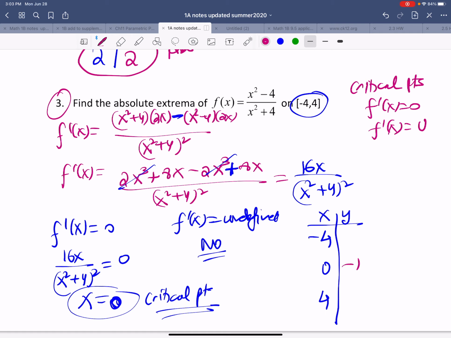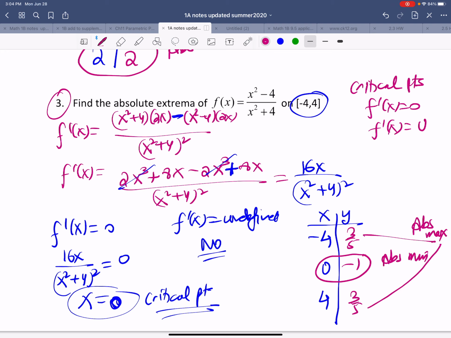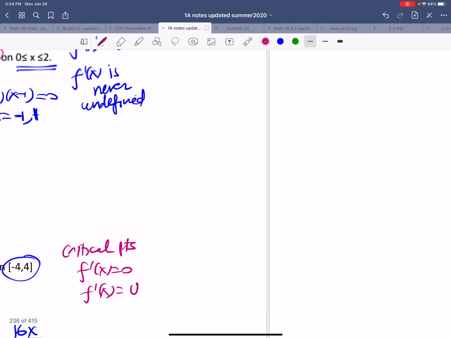When x is +4, 4 squared, 16 minus 4 over 16 plus 4, that's going to be 3/5. And when x is -4, same thing, that's going to be 3/5. So in this case, this is my absolute min, and these are my absolute max. There's more than one point where I have the absolute max. The absolute max is 3/5, and it occurs at x equals -4 and x equals 4.